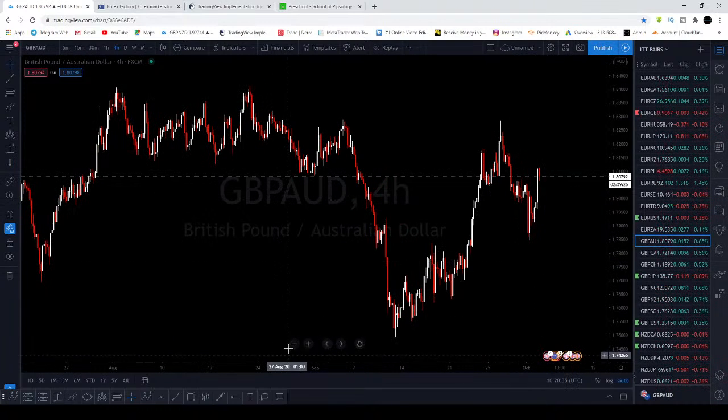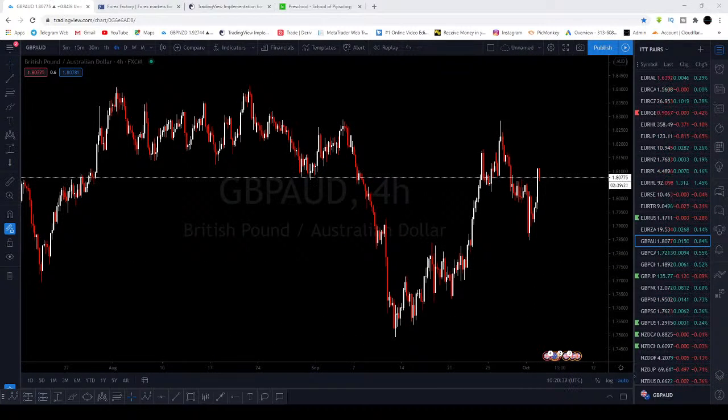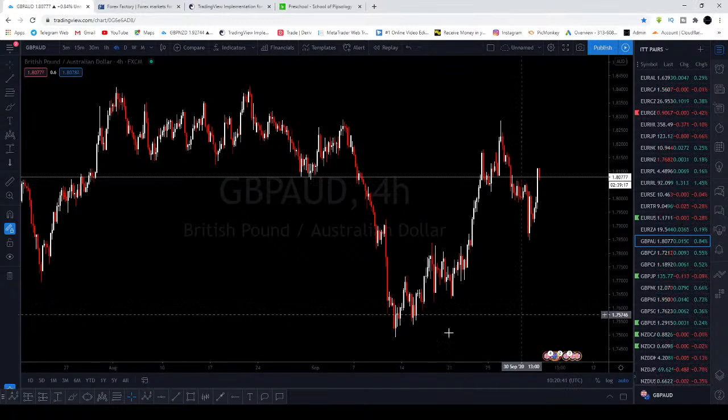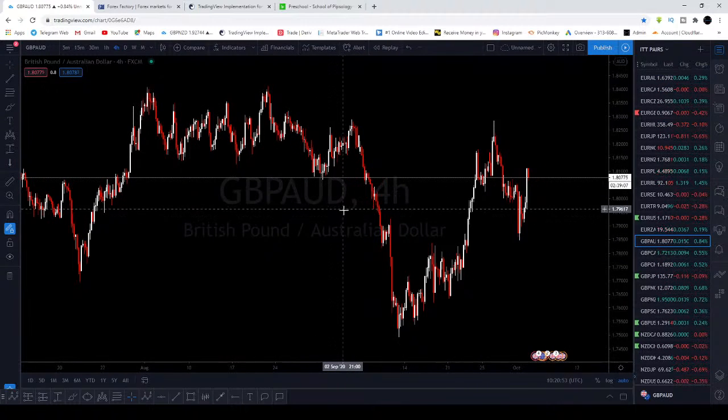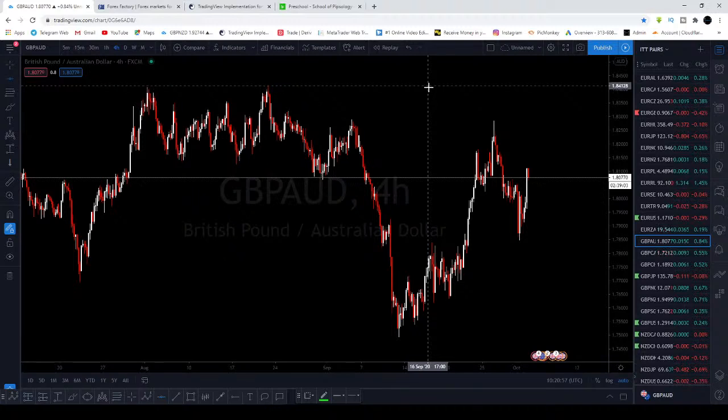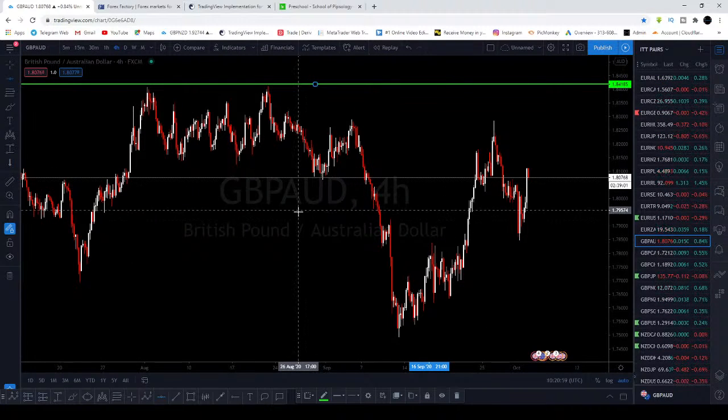So yeah, let's continue trying to analyze this particular pair, GBPAUD, right? But let me try and check comments again if some people are saying anything. So here it is. Am I on the daily time frame?